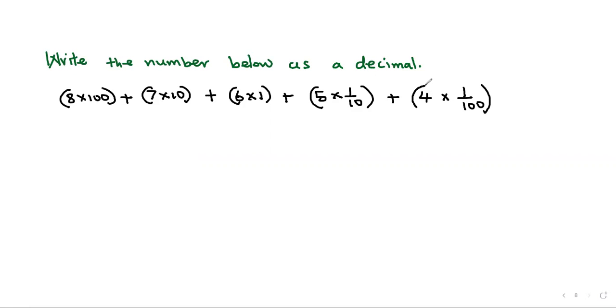What number is this? This number is in expanded form. Now I want to see it as a decimal. What number is it?